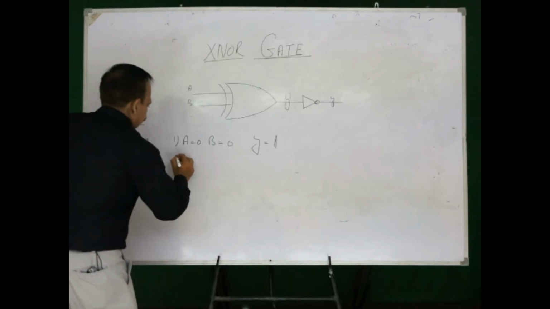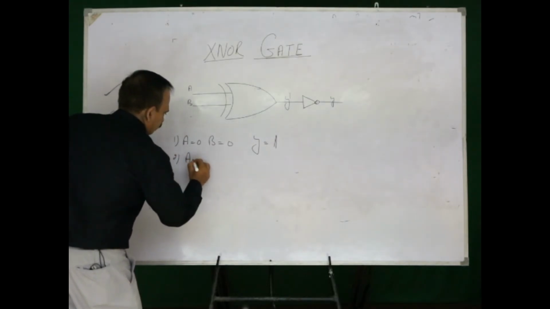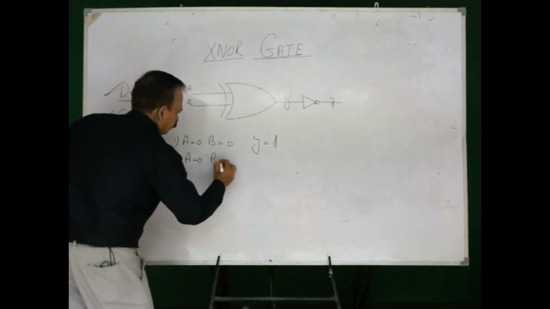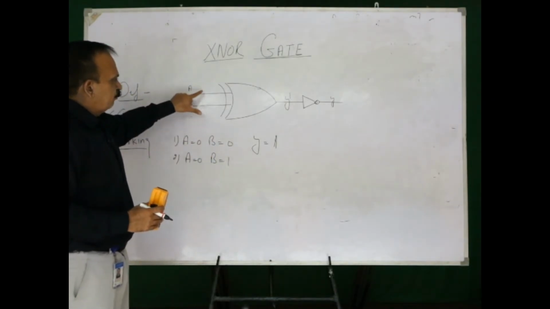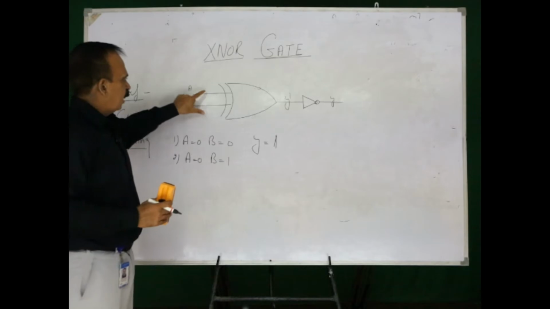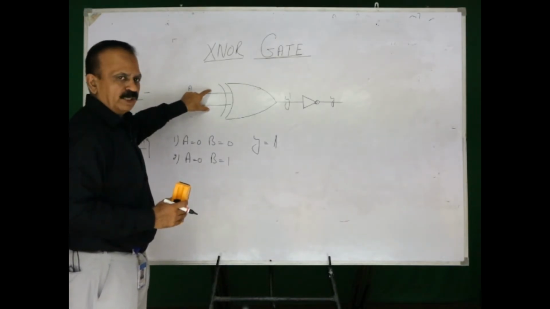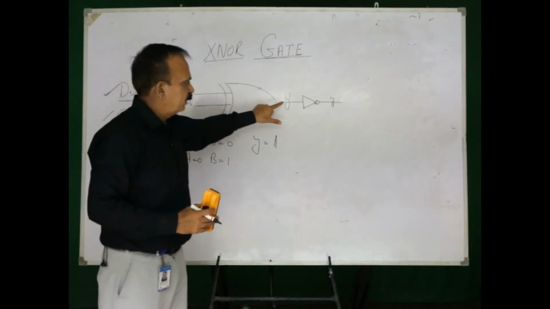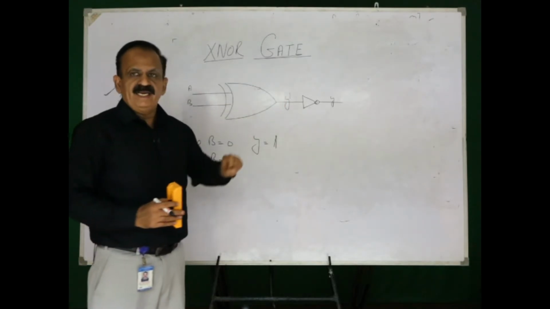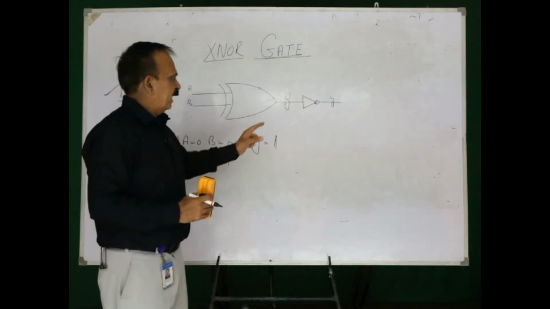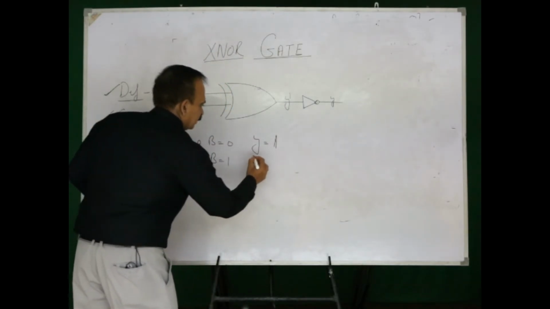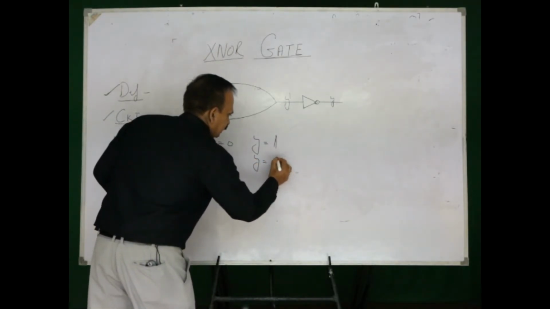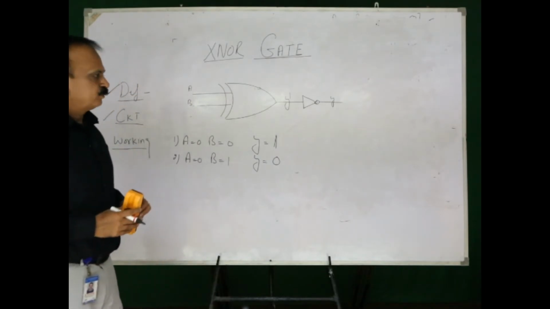Second case, A is equal to 0, B is equal to 1. When A is equal to 0, B is equal to 1, the output of this exclusive OR gate will be 1. So, Y dash is equal to 1 and after complement the value of Y will be equal to 0. Y is equal to 0.